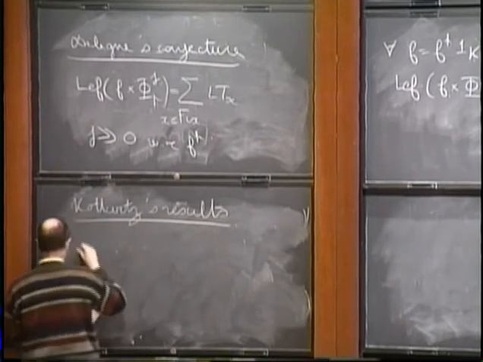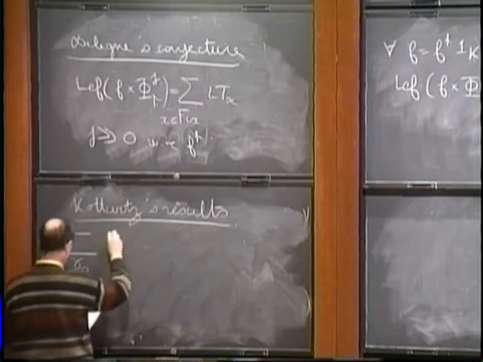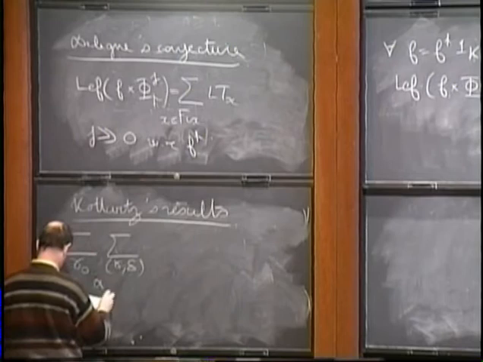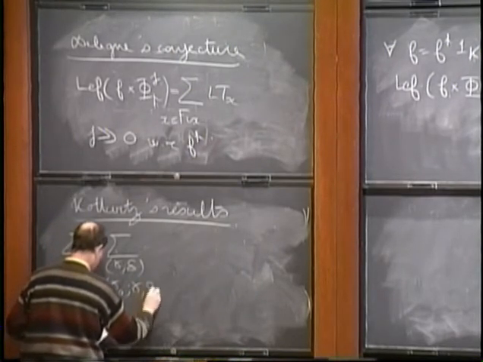So Kottwitz first of all proved an expression like that. I will write it but not explain it because it would take too long again. So that was the first formula.